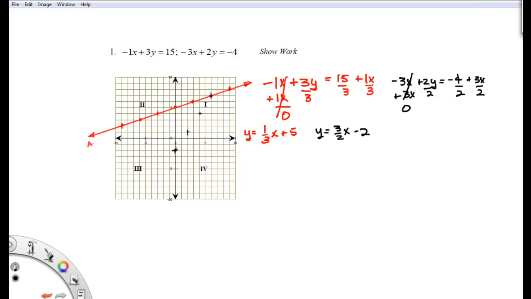Now the other way: down 3 squares, left 2 squares, down 3 squares, left 2 squares, and so there's my second line. I have another point way up there, and one down there. So there's my equation for the second line, line B.